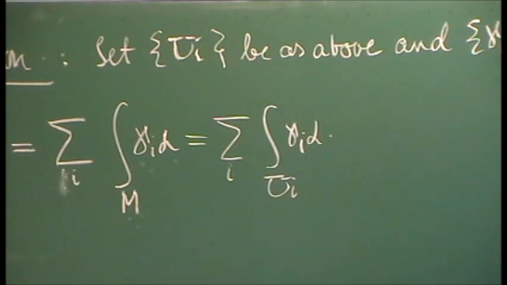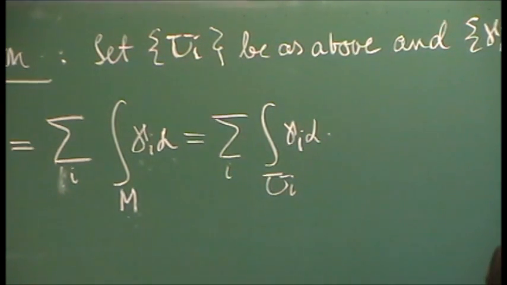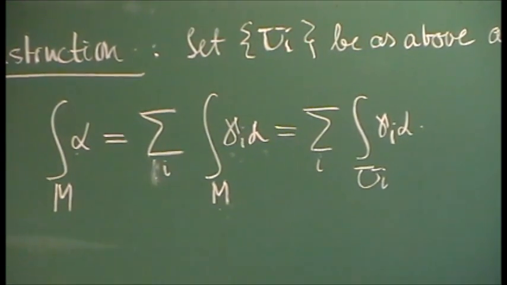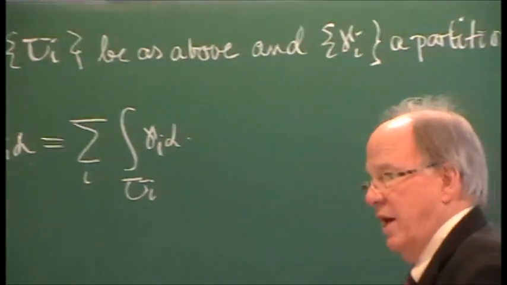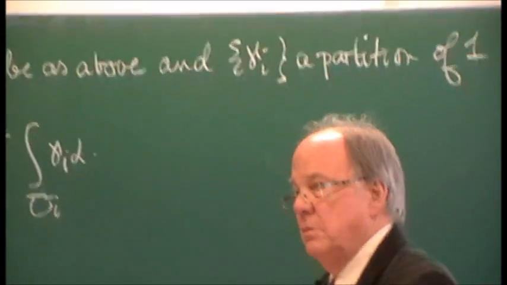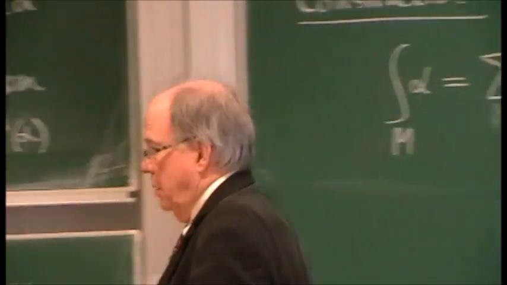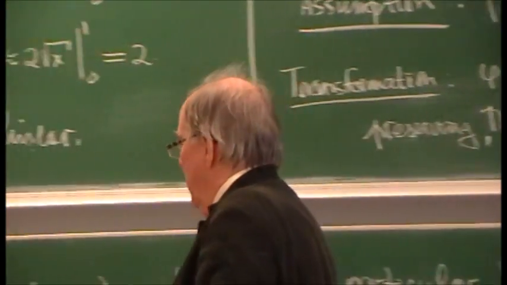Should it be ui or vi here? Is it vi or ui? Ui, the big set. But our support is defined on vi. Why does it become ui again?